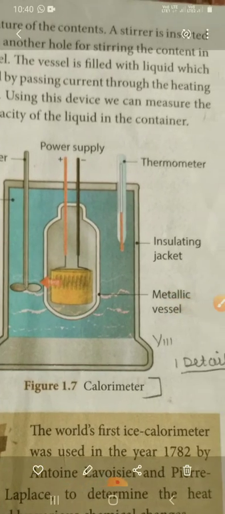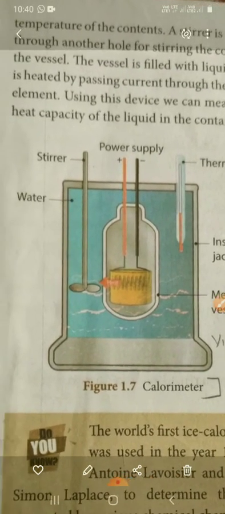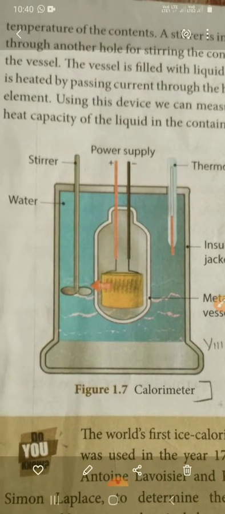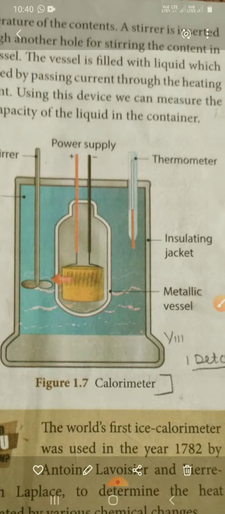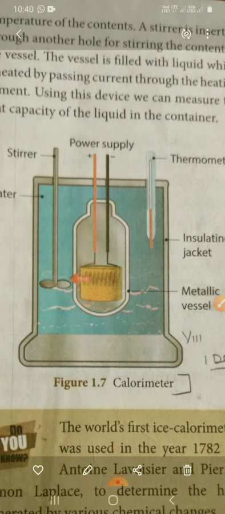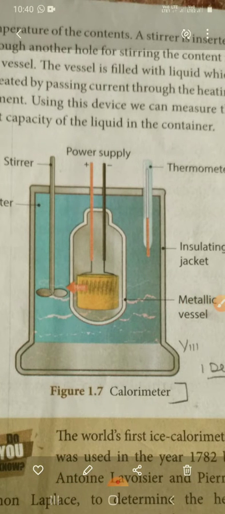The vessel is filled with a liquid which is heated by passing current through the heating element. Using this device we can measure the heat capacity of the liquid in the container. Here water is in the container, so how can we analyze the heat capacity of the water? Because of this instrument. This diagram is also very important.